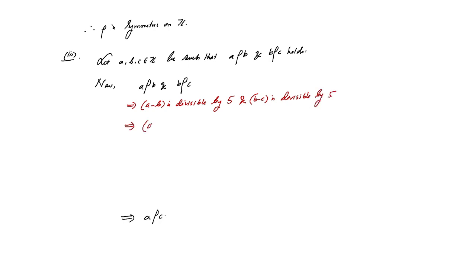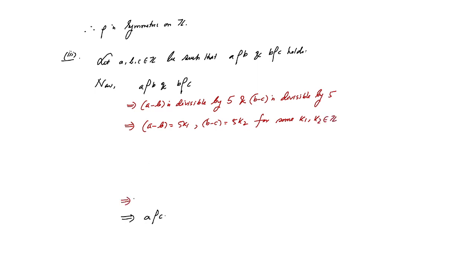So what exactly does this mean? A minus B equals 5k1 and B minus C equals 5 into some k2, for some k1, k2 belonging to the integers.